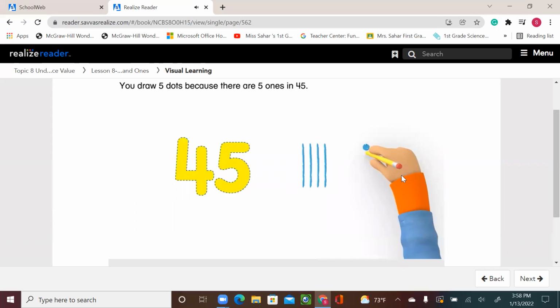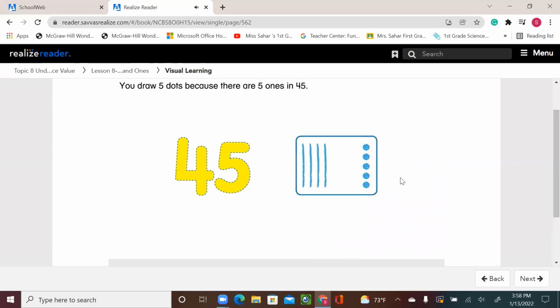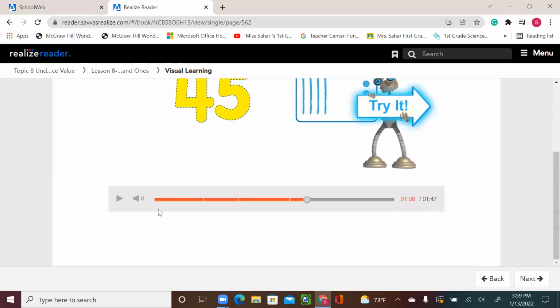You draw 5 dots because there are 5 ones in 45. All right, so this is when I have the 40 and the 5. So if I say 4 tens means 40, and the ones are separate, 5 ones.